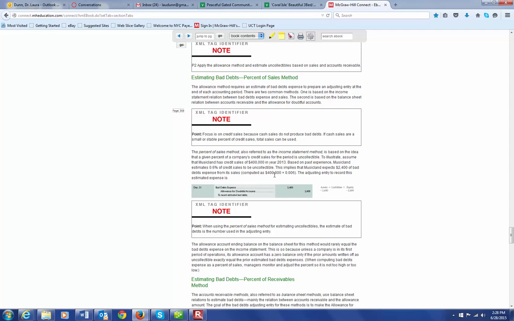So they take their $400,000, multiply it by the 0.6%, and decide that $2,400 is likely to be uncollectible, and so they would debit bad debt expense for $2,400 and credit allowance for doubtful accounts for $2,400.